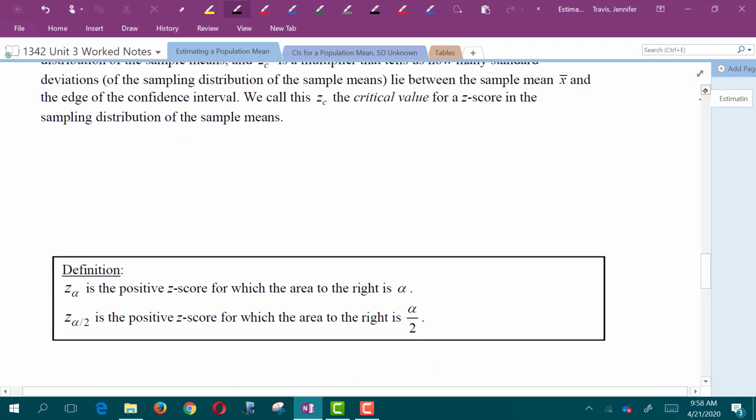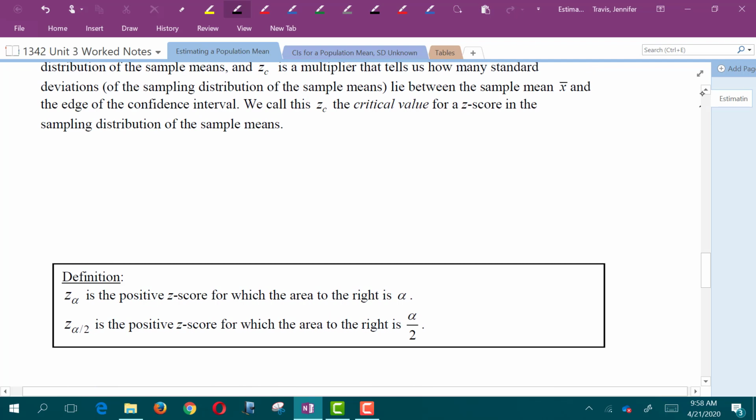So a little bit of reminder here. So Z alpha, here's an alpha. Z alpha is the positive z-score, so the area to the right is alpha.